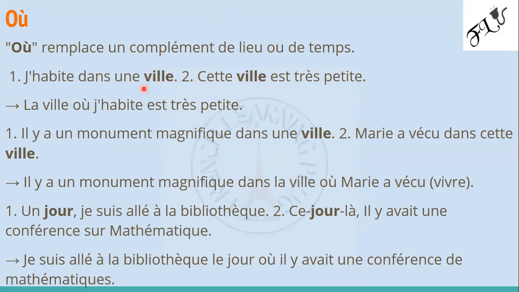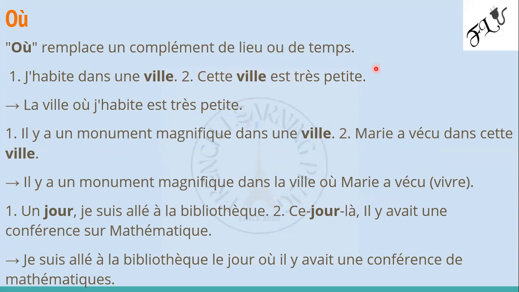So don't go and say, oh, because the ville came here, it's going to be qui. No, cette ville is not. You can't say la ville qui j'habite. It's not right. It has to be où: la ville où j'habite est très petite. Okay? So c'est comme ça.